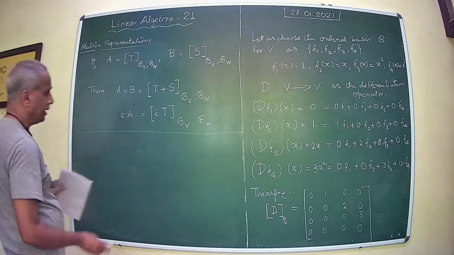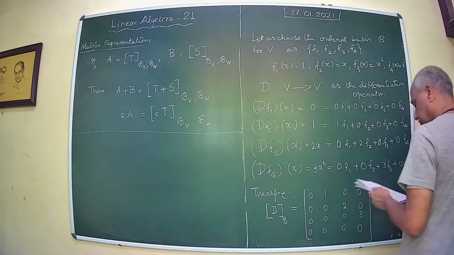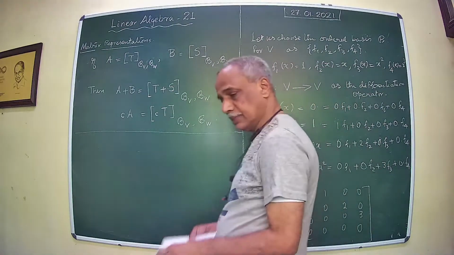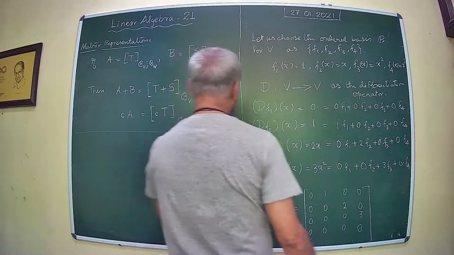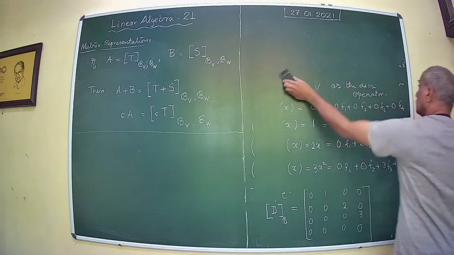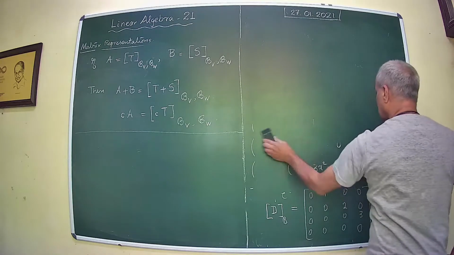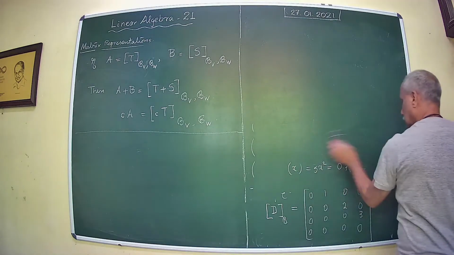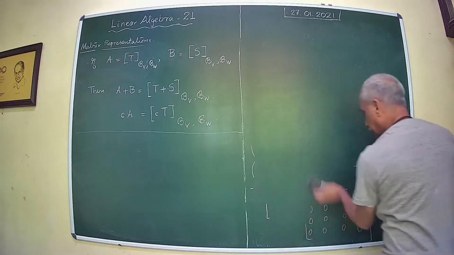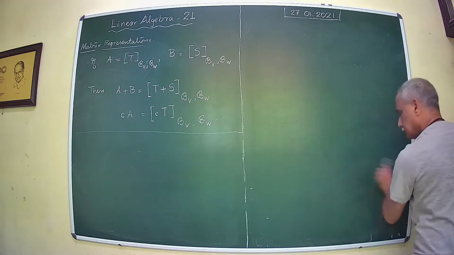Okay, now we talk about the matrices of the composition. So let us take the following scenario. Namely, you have now three vector spaces.